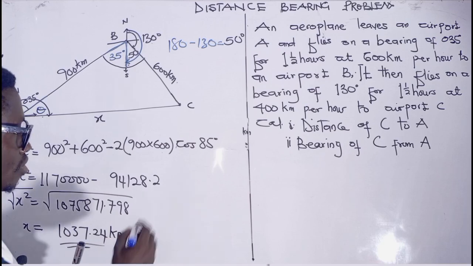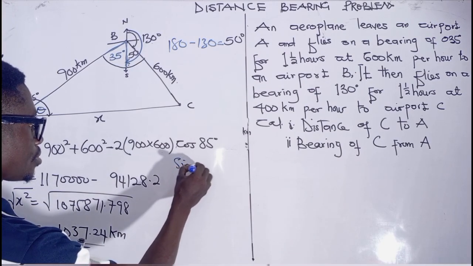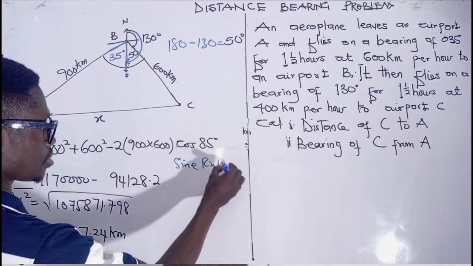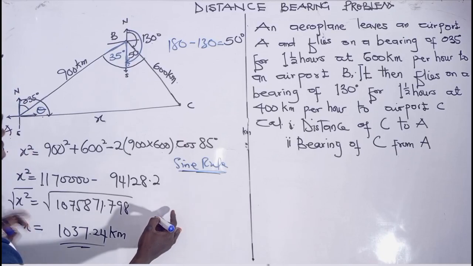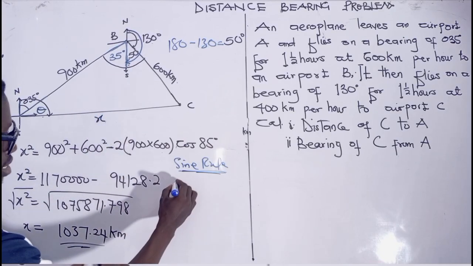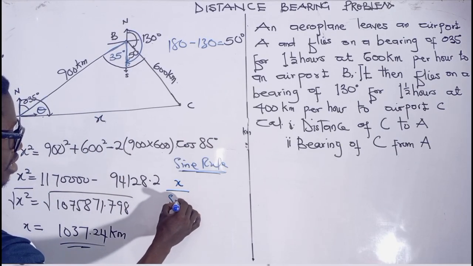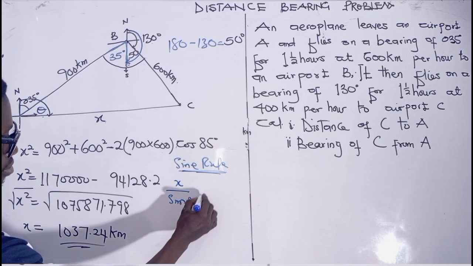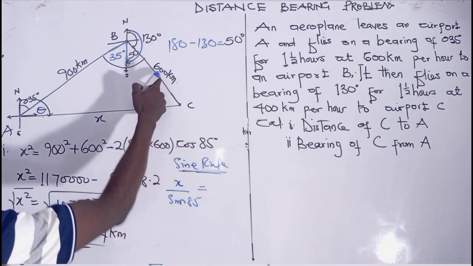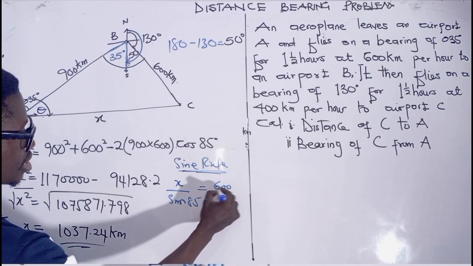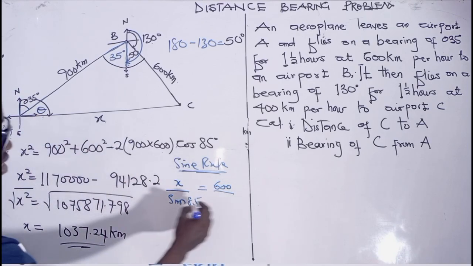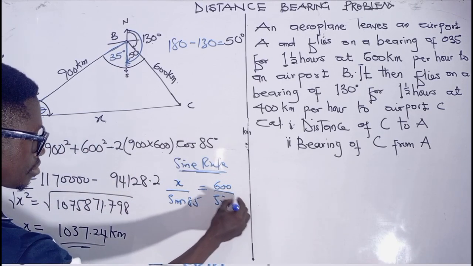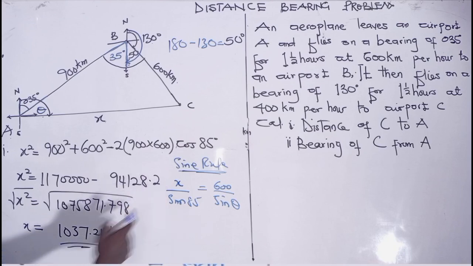Now we are going to make use of the sine rule. With the sine rule, we use the distance x all over sine of the angle, which is this 85, is equal to the distance 600 all over sine of the angle theta. We know that our x is 1037.24.